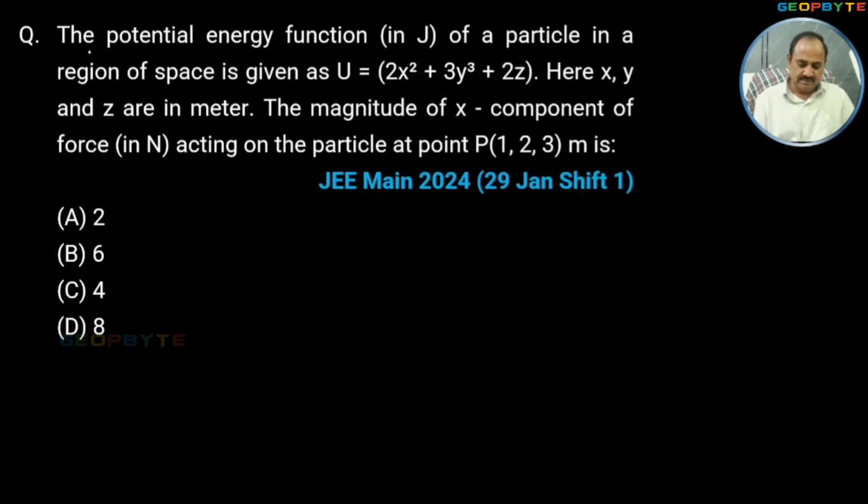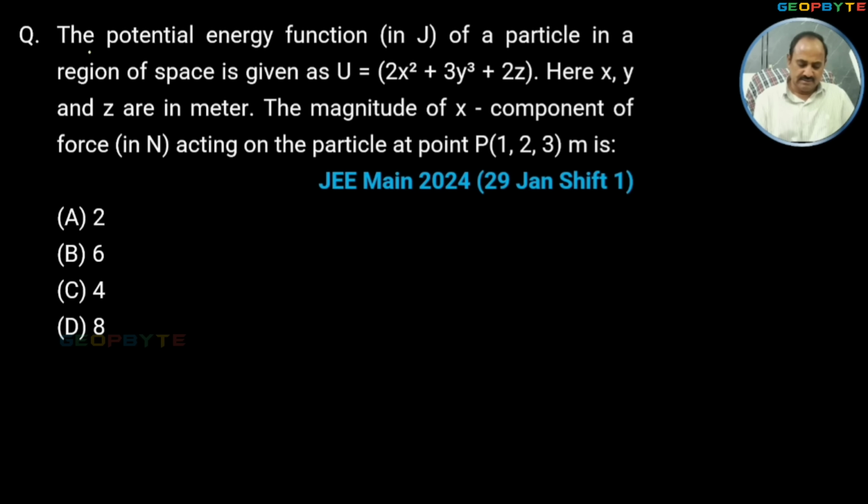The magnitude of the x component of force acting on the particle at the point P is given as (1, 2, 3). This is the x value, this is the y value, this is the z value.